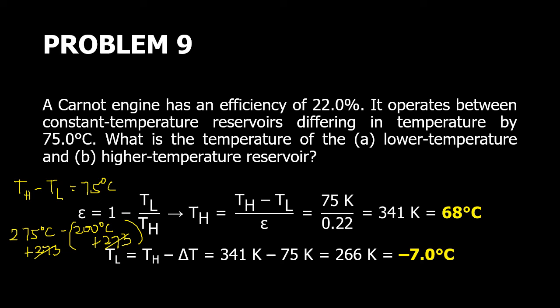So that is delta T, that is TH minus TL, and you are looking for the low temperature, so that is the difference between the high temperature and the change in temperature. So that is 341 minus 75 equals 266 Kelvin, and you convert it, that will equal negative 7 degrees Celsius.